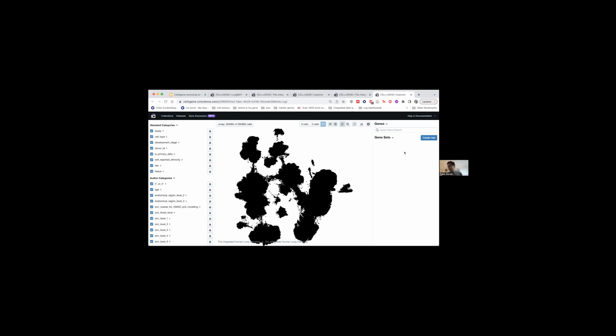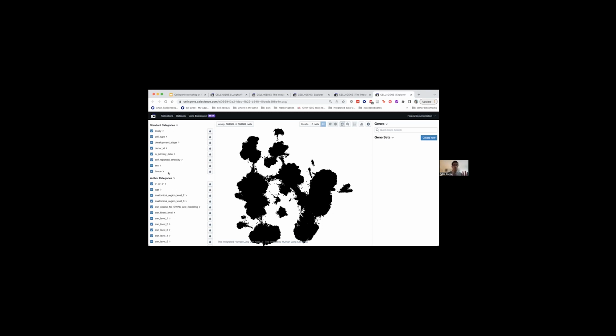So here in this tool, there's a few things that we can do. The most basic thing that you can do is start coloring all of these cells by the metadata that we have. Here we have the standard categories that I told you about earlier.